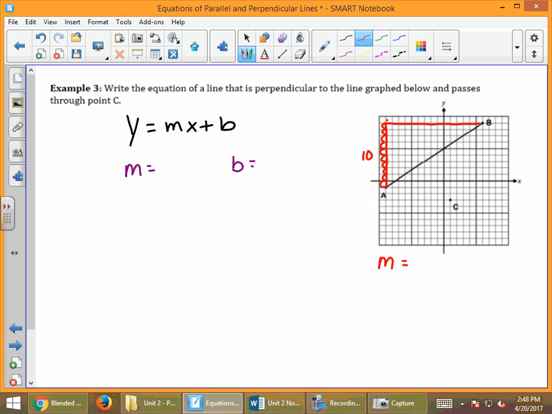And our run is 1, 2, 3, 4, 5, 6, 8, 9, 10, 11, 12, can always simplify your fraction. So 10 over 15 simplifies down to 2 over 3.